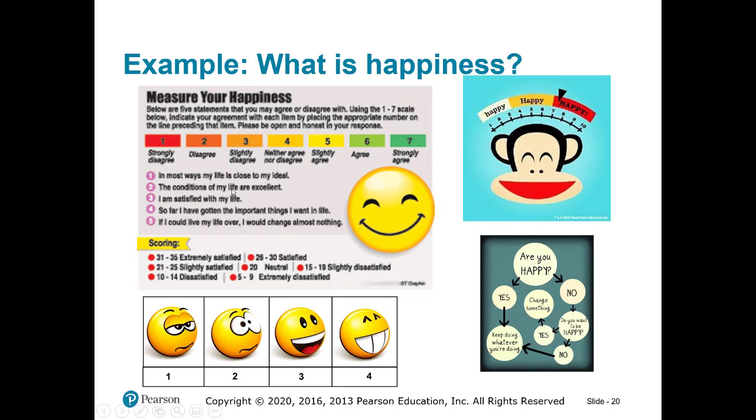Or you can do a summated rating scale where you answer lots of questions and you add them all together. So if I say my life is close to my ideal, my life is excellent, etc., strongly agree, strongly agree, strongly agree, then we measure happiness.